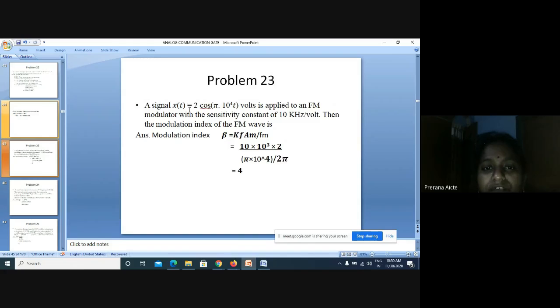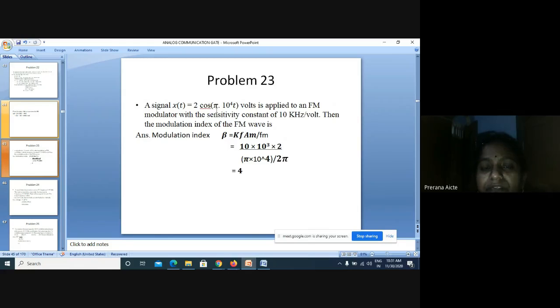From the question, what is your Am, the maximum amplitude? It is nothing but 2, since x of t equal to 2 into cos of pi into 10 power 4 t. So the amplitude is 2. Then 10 into 10 cube into 2 divided by fm.